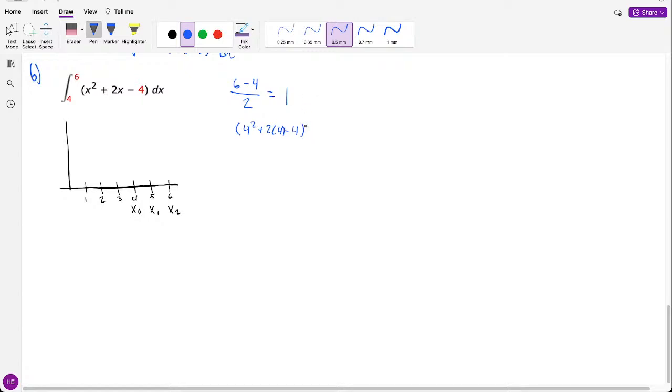And then we're adding these, not timesing. 5 squared plus 2 times 5 minus 4. Plus 6 squared plus 2 times 6 minus 4. Okay.